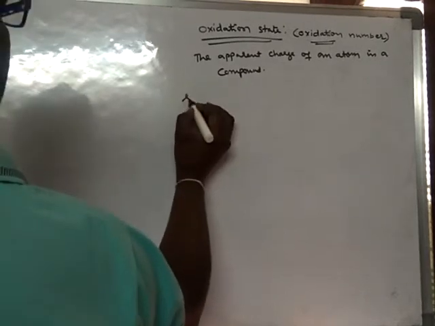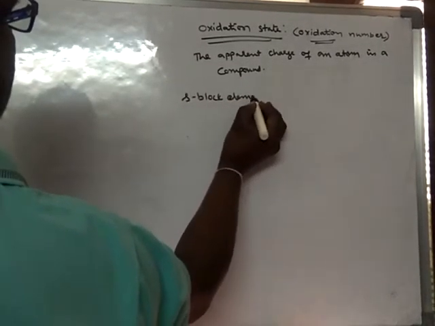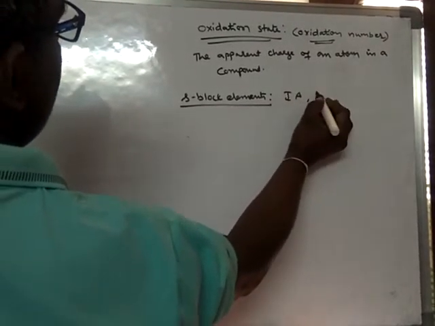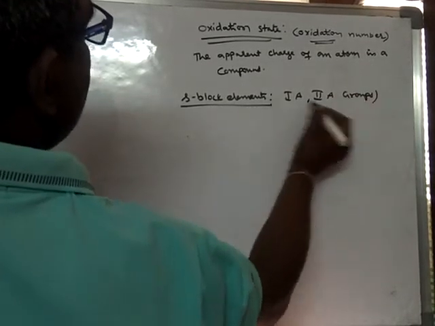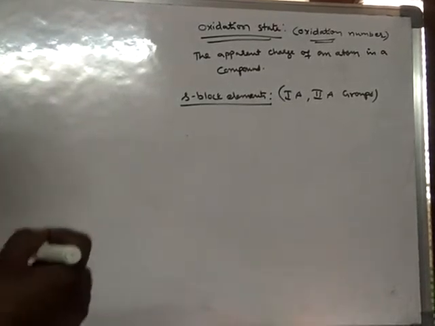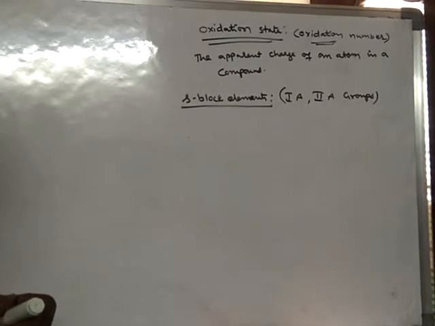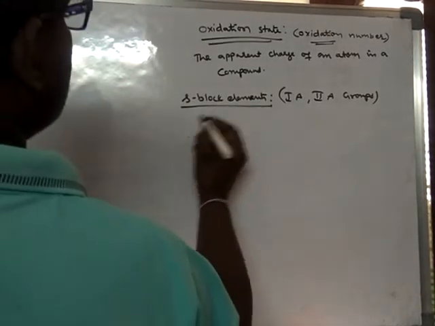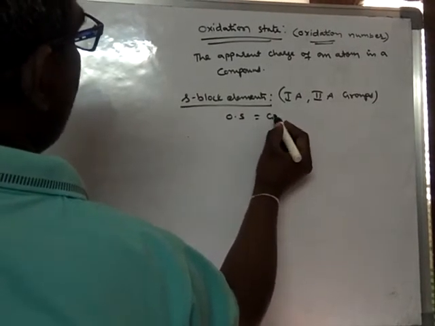So for S block elements, what are S block elements? First A group, second A group. First A means alkali metals, second A are called alkaline earth metals. So for these elements, oxidation state is equal to group number.